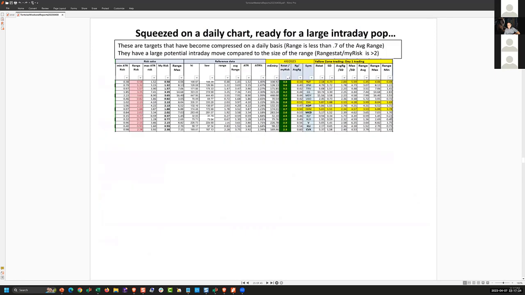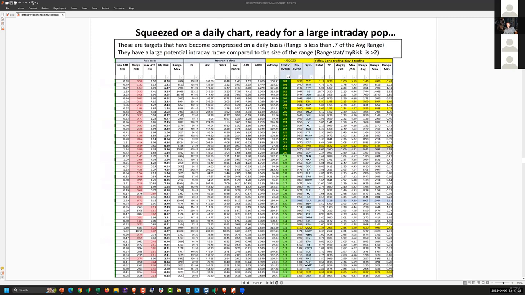Accidental discovery. The daily squeezes now is looking at something else. This is taking a look at the size of today's range from high to low and comparing that to the average range.